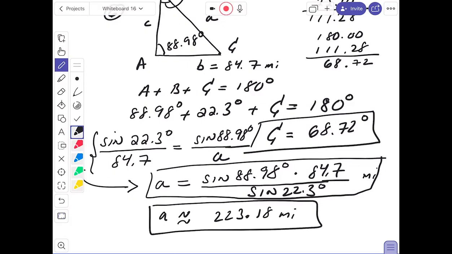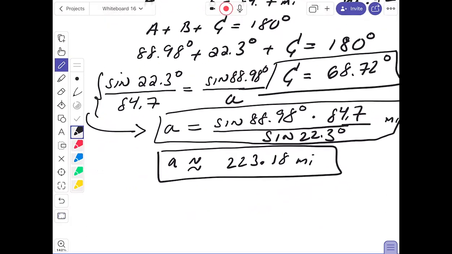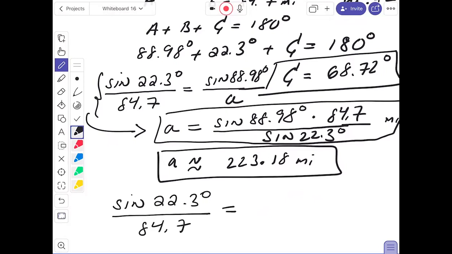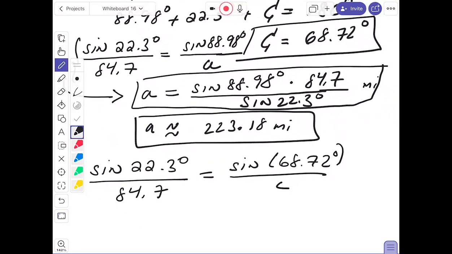I want to do another one. And let's say I don't know what C is, right? So let's put this one down. The sine of 22.3 degrees over 84.7 equals the sine of C over side C. I'm going to do the arithmetic on that now and look at the key later.